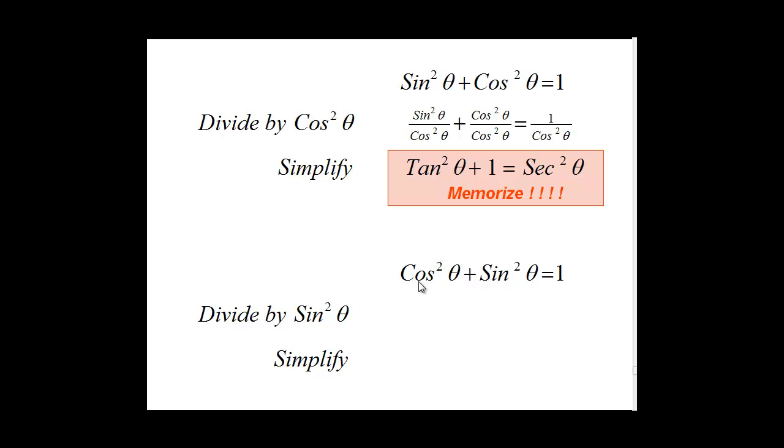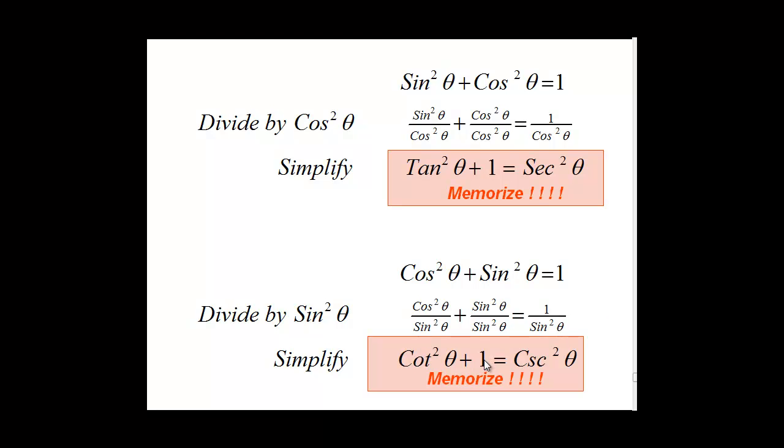Now, if we go back to our cosine squared plus sine squared is 1, and we divide by sine squared, we get cosine squared divided by sine squared, sine squared divided by sine squared, equals 1 divided by sine squared. This fraction, cosine over sine, is cotangent. This is 1, and that's cosecant. So we have cotan squared plus 1 is cosecant squared.